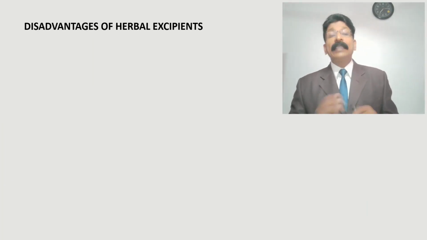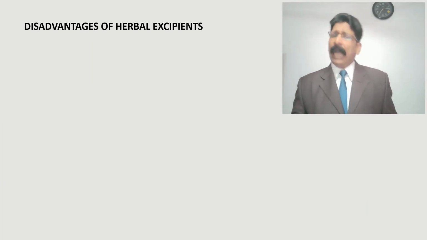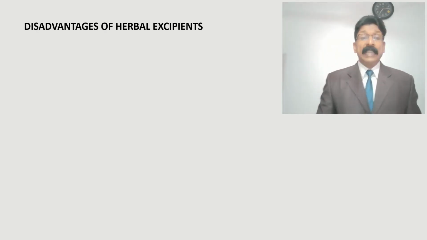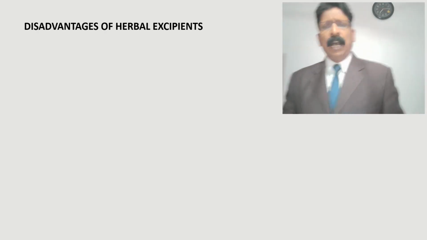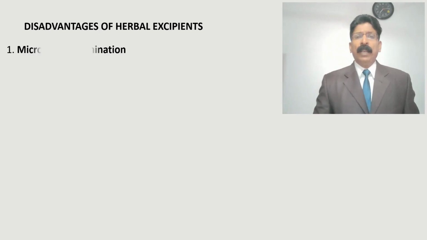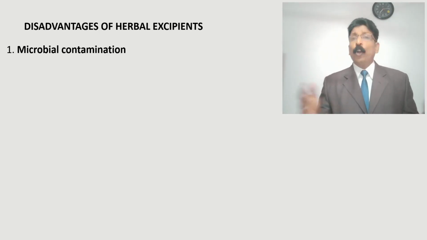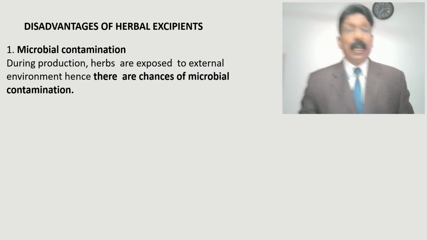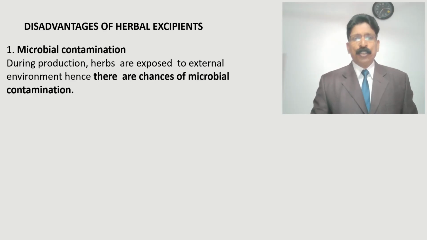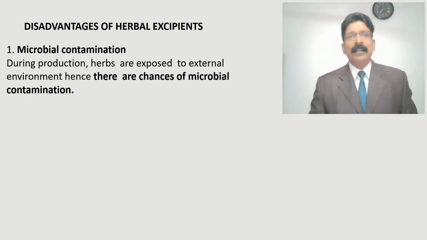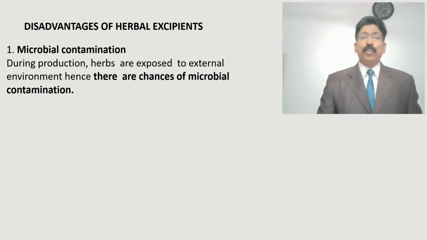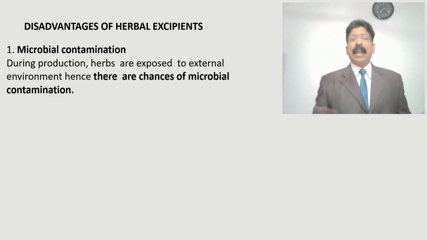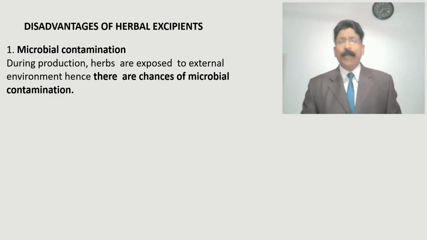And disadvantages. Everything always has a merit, and still there will be demerits. Some points have to be considered for herbal excipients. Microbial contamination: we should preserve it properly, otherwise when it is exposed, during production of excipients, herbs are exposed to the external environment, hence there are chances of microbial contamination.